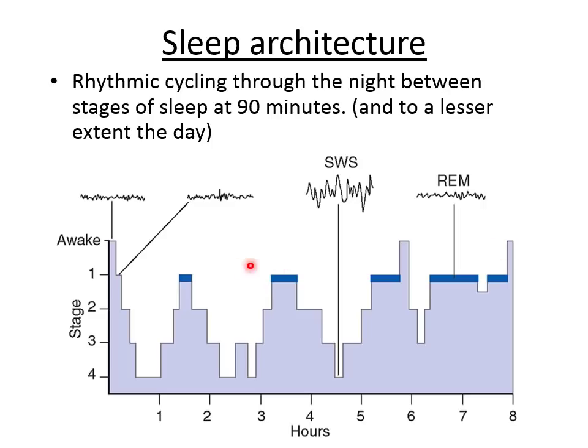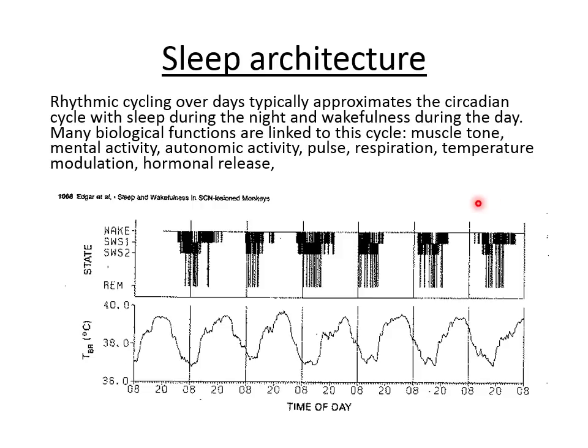Somewhat similar cycling occurs throughout the day, but it's less dramatic. People don't necessarily sleep during the day, but their level of alertness may vary with a cycle of about 90 minutes. If we look over several days, as we see here, a person might be awake through a good part of the day, and then gradually at night they cycle down through various levels of sleep.